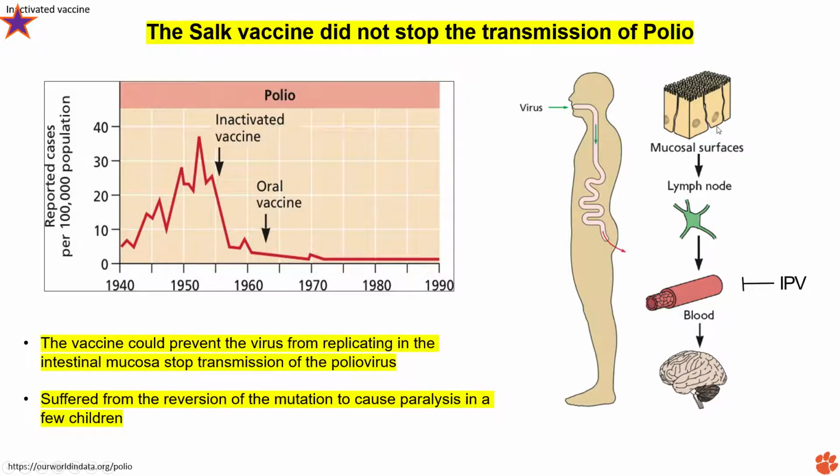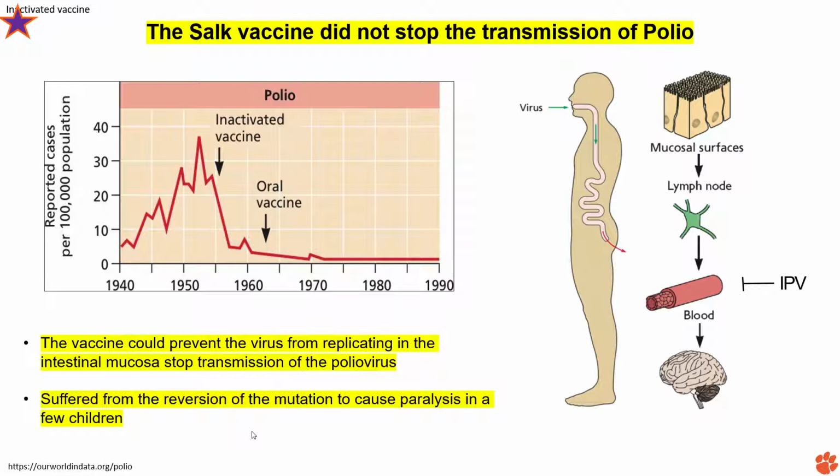Just as I said, remember that the inactivated vaccine was injected and the poliovirus replicated in the intestine, which can pass and transmit to others. The vaccine suffered from the reversion of mutation to cause paralysis in a few children.